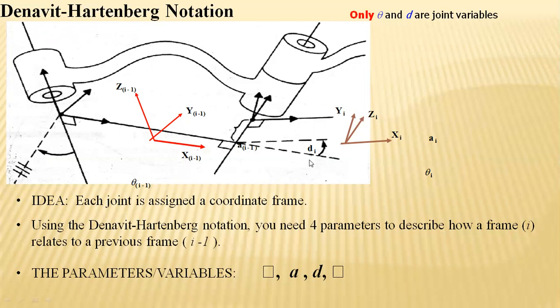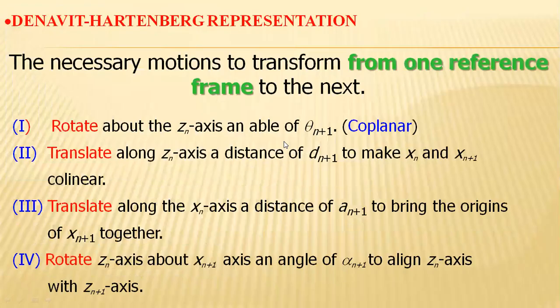Hence, the geometrical specifications upon this theta orientation about this z frame or z-axis will change the position of this end effector from this place to this place because of this theta variation. And that is calculated as the axis distance of dn plus 1 to make xn and xn plus 1 collinear.